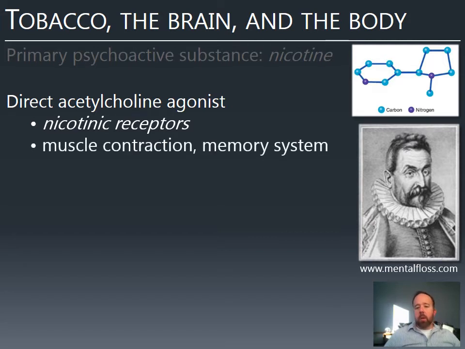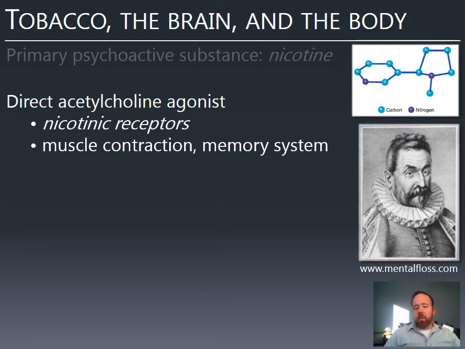And what does acetylcholine do? Well, it has a couple of effects that are well known. First, it is the neurotransmitter that moves signal from your nerves into your muscles. So in order to move, your nerves transmit a signal to your muscles to contract, and acetylcholine is the transmitter that's used in that system.